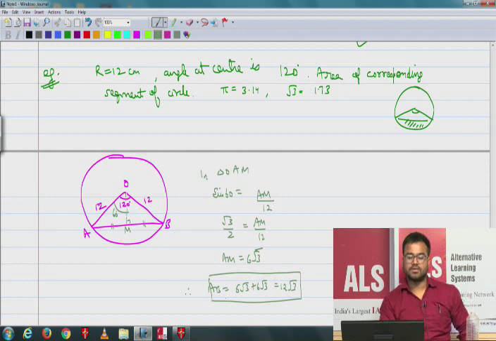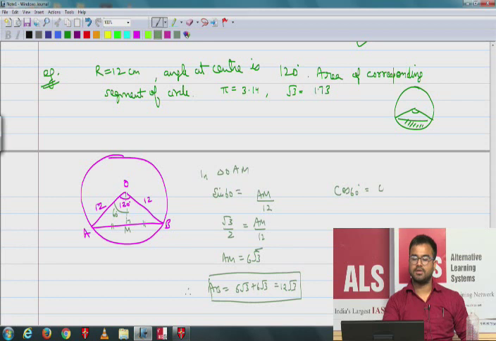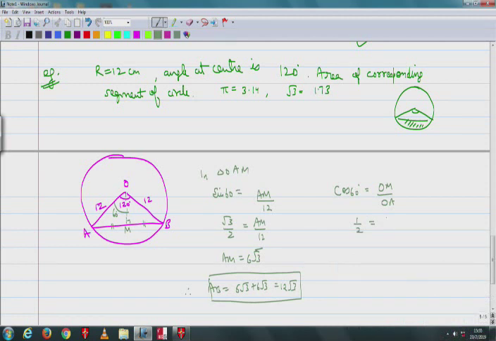And now similarly you can apply the cos of 60 degrees. Cos of 60 degrees is base over hypotenuse, so OM over OA. So cos of 60 degrees is 1 by 2, OM we have to find, and OA is 12. So OM is equal to 6, or you can say the perpendicular distance of the triangle is 6.